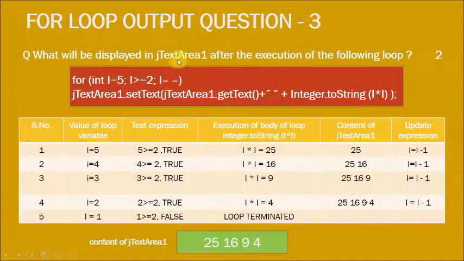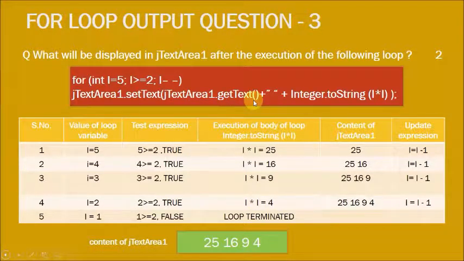After doing this, it will again jump back to i--, that is i = i - 1. The value of i was 3, so it will become 2. Now as 2 is again greater than or equal to 2, the condition is true, so again the loop body will be executed. First this expression is executed: i into i, as i is 2, 2 into 2 will become 4.